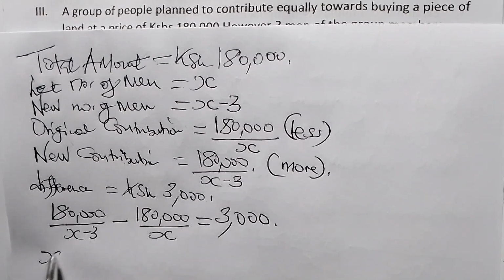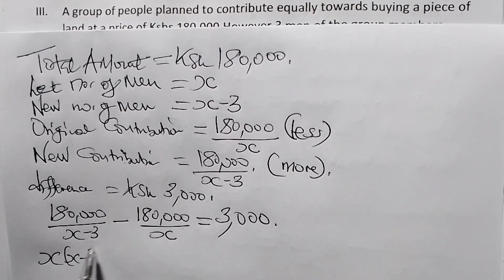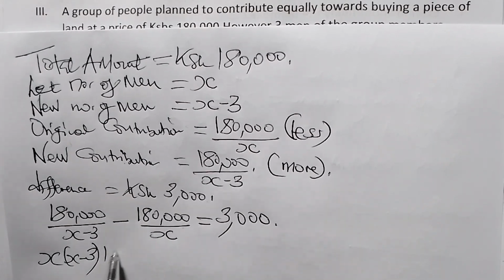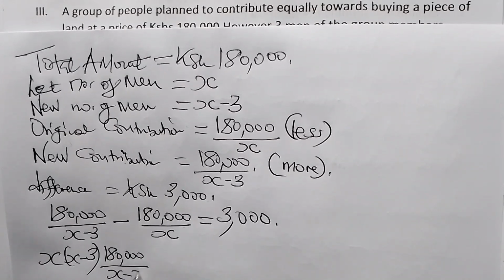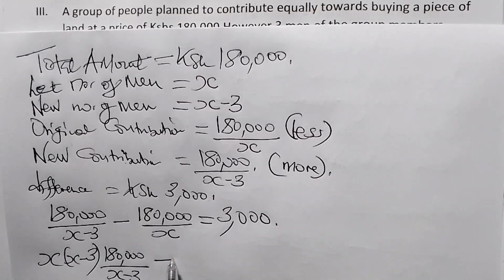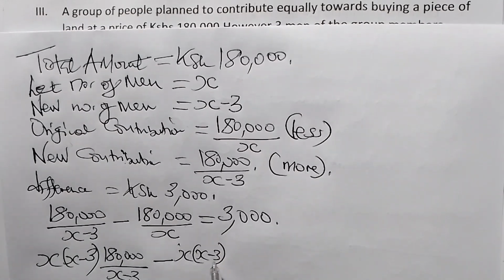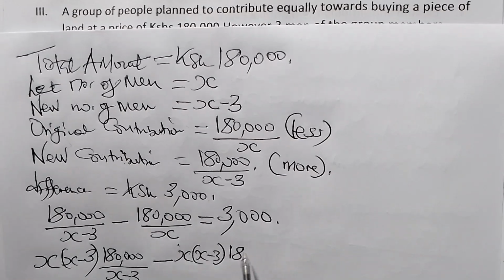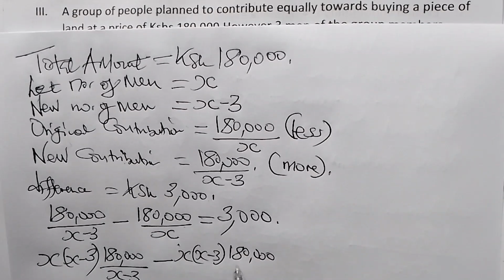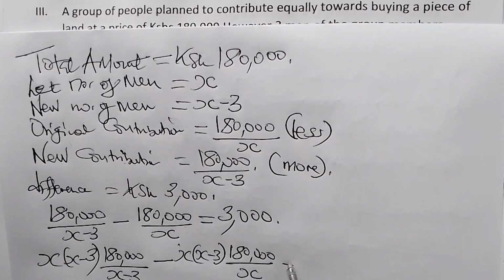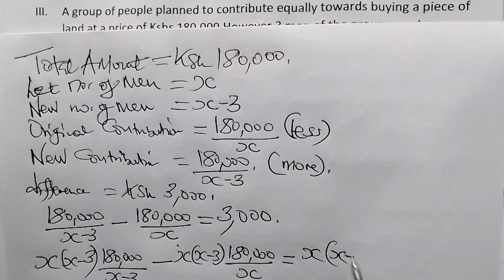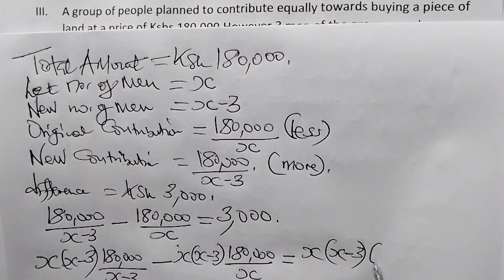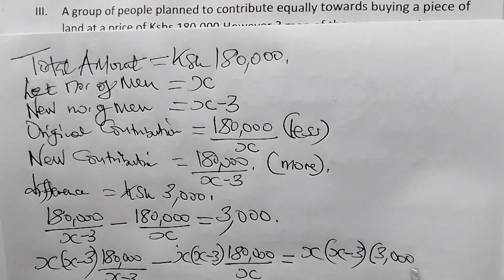So we'll get x multiplied by x minus 3 multiplied by 180,000 over x minus 3, minus x multiplied by x minus 3 multiplied by 180,000 over x, to be equal to x multiplied by x minus 3 multiplied by 3,000, like that.